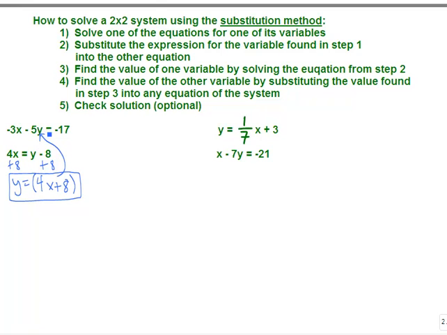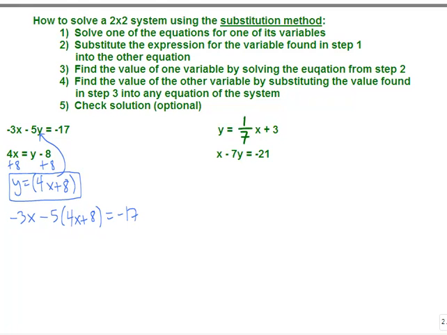So basically we're going to rewrite this top equation with y substituted in with 4x plus 8. So the new equation would look like negative 3x minus 5, and instead of y we're going to put parentheses 4x plus 8 equals negative 17.